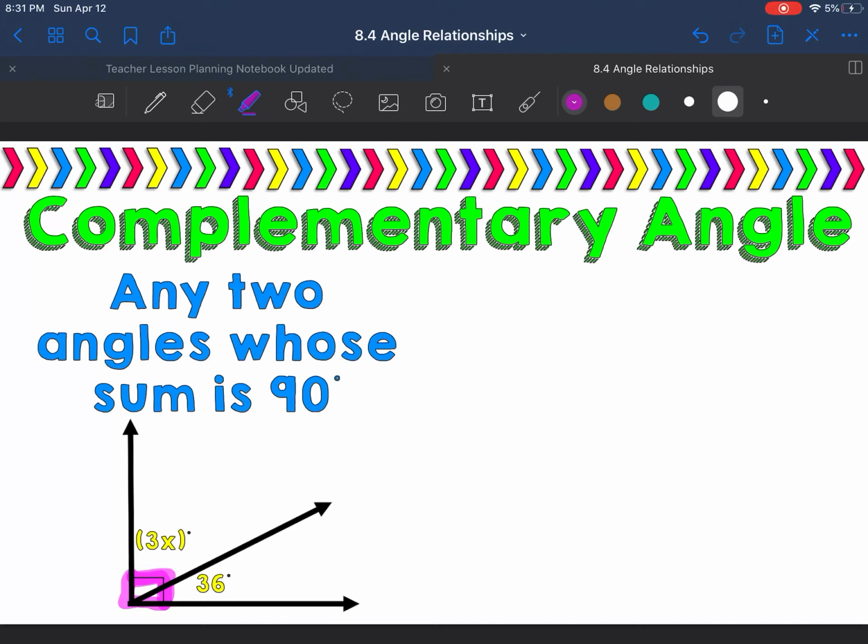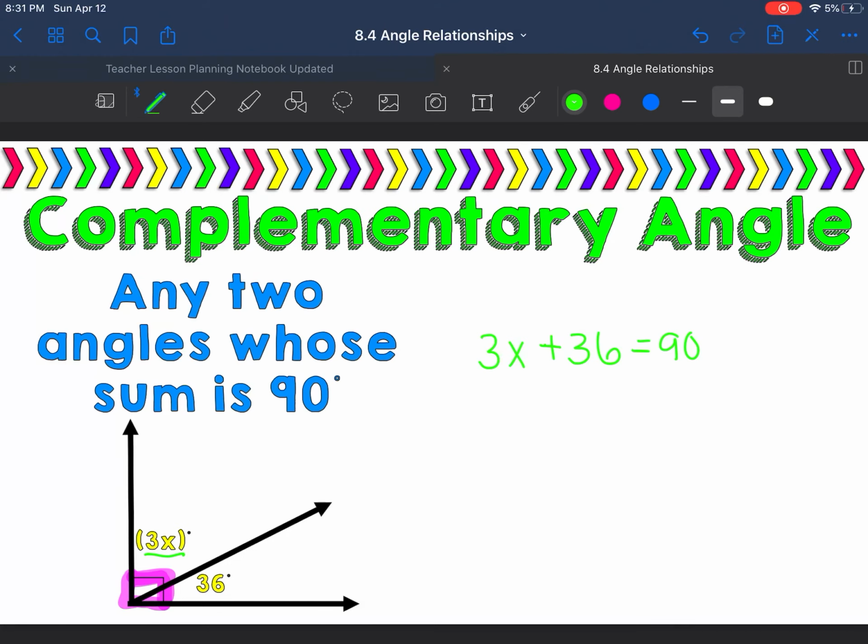So what this means is that these two angles added together are going to give me 90 degrees. So 3x plus 36 equals 90. So in order to figure out what my x is and to find what the angle measure for 3x is, I need to solve this two-step equation.